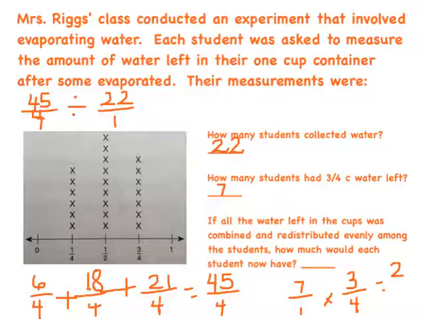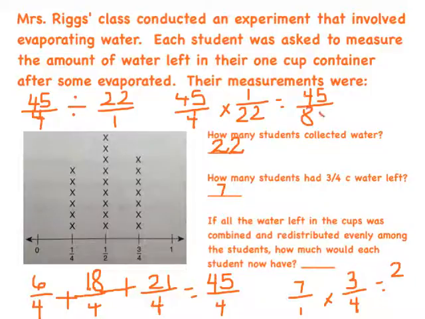And 22 wholes is 22 over 1. Now remember with division, in order to divide a fraction, I've got to do the opposite. So I'm going to flip it, or find the reciprocal, and when I do that, I have to multiply. So now I'm going to have 45 fourths times 1 over 22 equals 45 over 88.